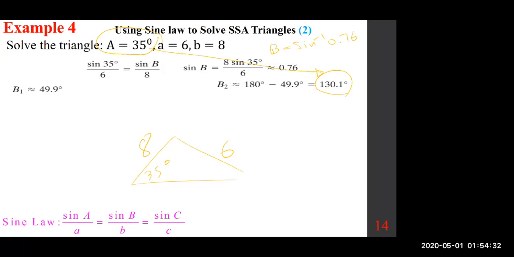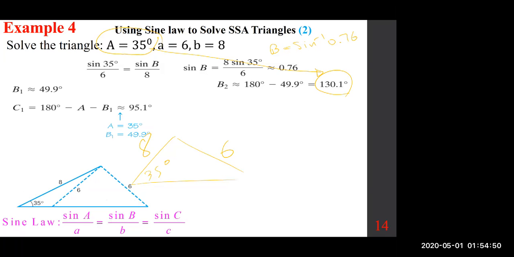Now, in this case, 49.9 degrees, we have something like that. Again, I couldn't show you the graph until we figured it out. So if you look at this one, when we subtract the sum of 35 degrees and 49.9 degrees from 180, we get 95.1 degrees.